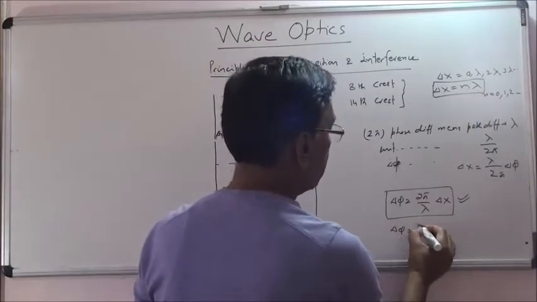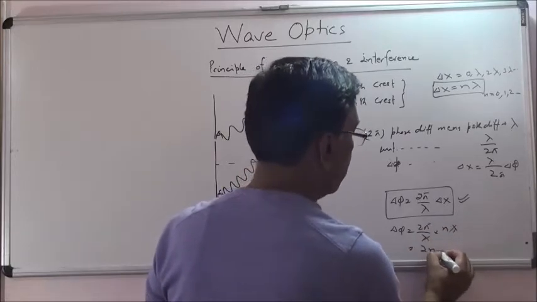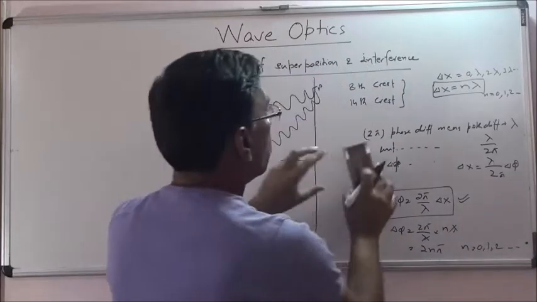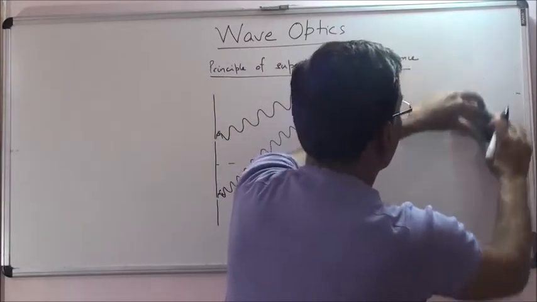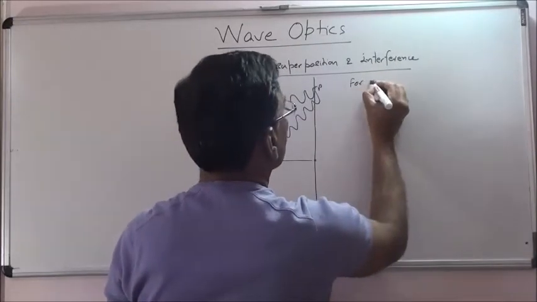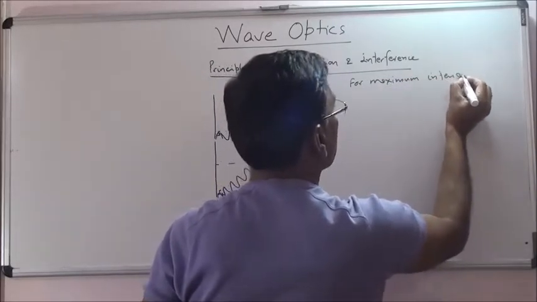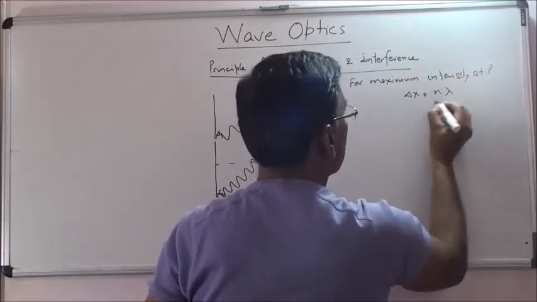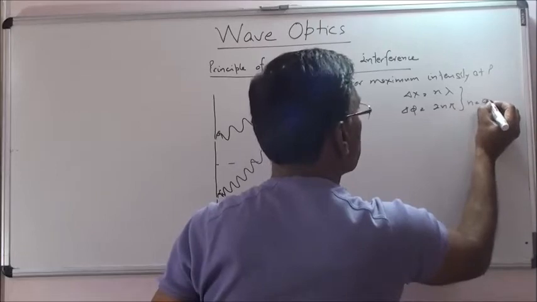Okay, so what does it mean? Del phi is 2 pi by lambda into del x, and the path difference of n lambda gives 2n pi, where n is 0, 1, 2, 3, 4. So I can simply say for maximum intensity at P, the path difference is n lambda, and the phase difference is 2n pi, where n is 0, 1, 2.